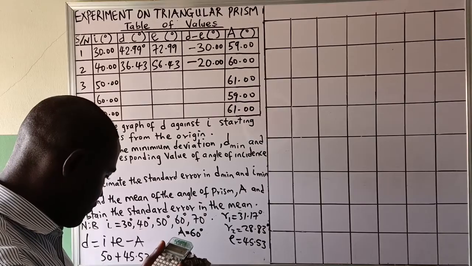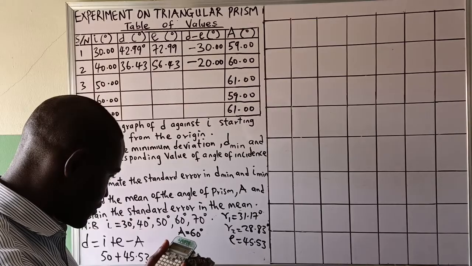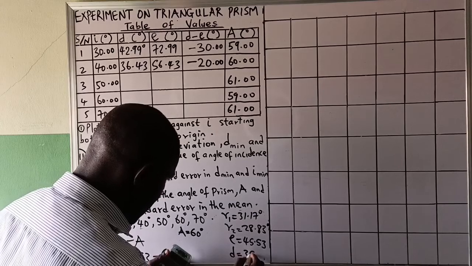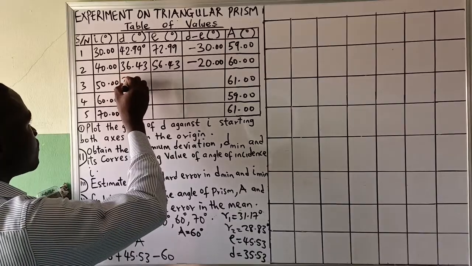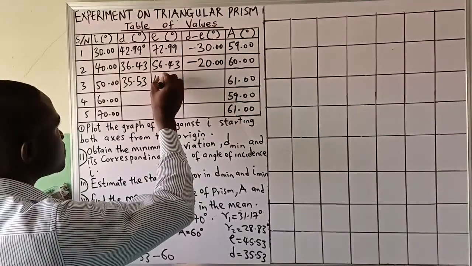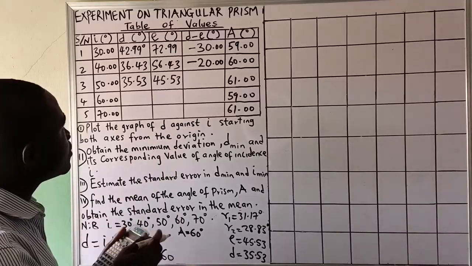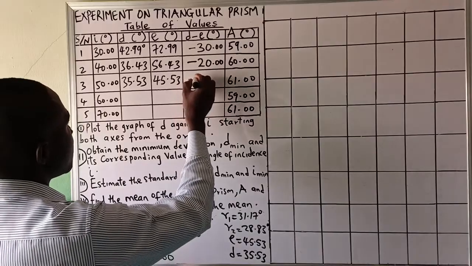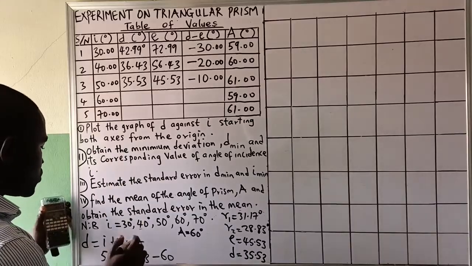That is D equals 35.53. So we'll have it here, 35.53, our E 45.53, and our D minus E, that will be giving us minus 10.00. Okay, we go to the next one.